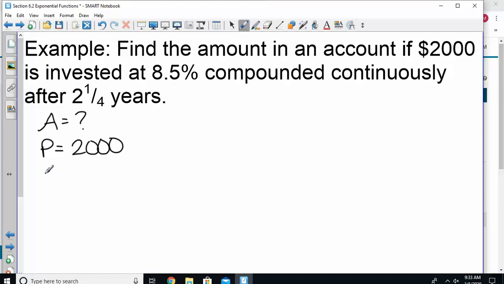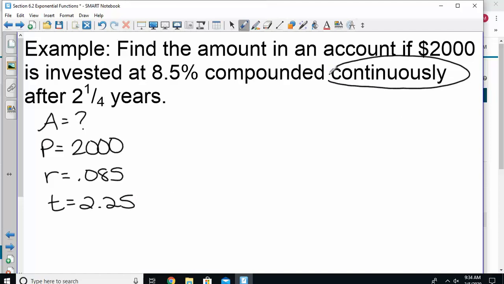The rate would be 0.085, and the 2.25 years would be T. Because I see the word continuously, that tells me I'm using the A equals P E to the RT formula.